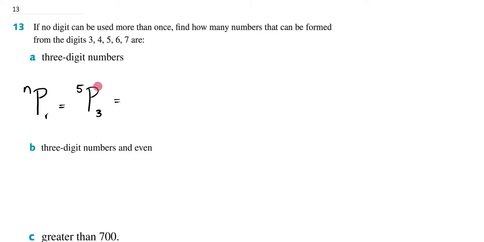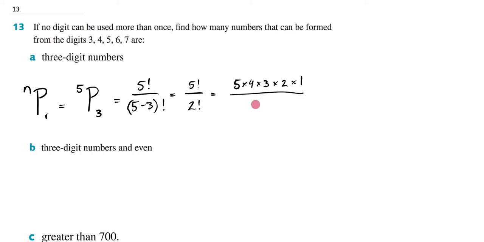It's because this is telling us that we have 5 factorial over n minus r factorial, so it's 5 minus 3, and then we're taking the factorial of that. So 5 factorial over 2 factorial. Now I can write this out as 5 times 4 times 3 times 2 times 1 over 2 times 1, in which this and this are going to cancel.